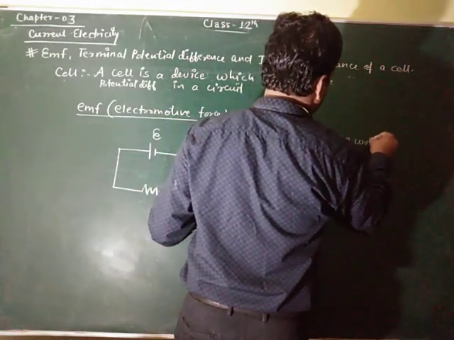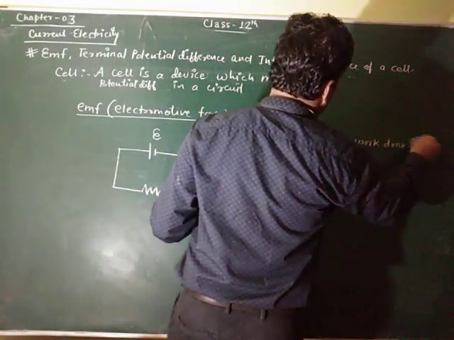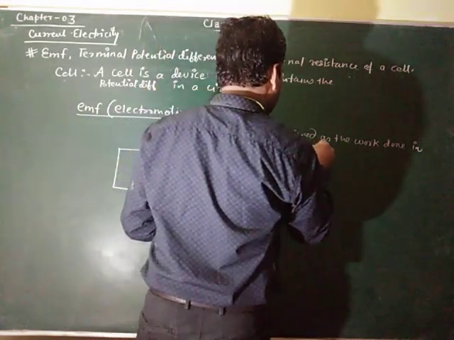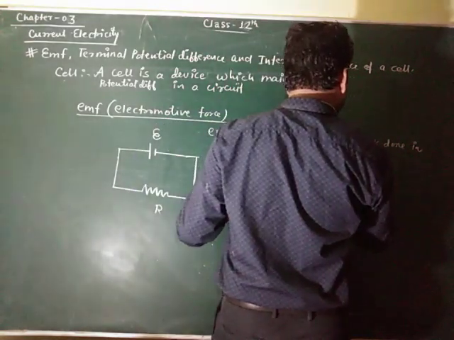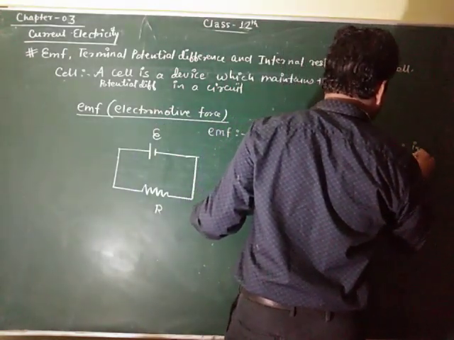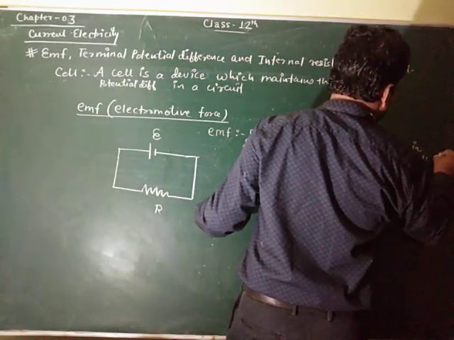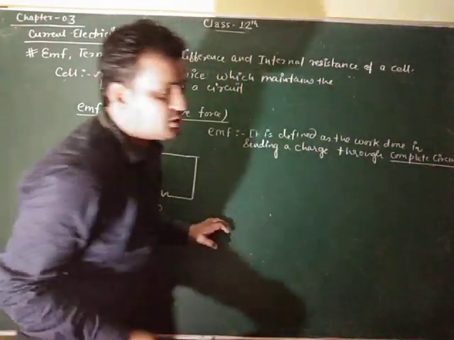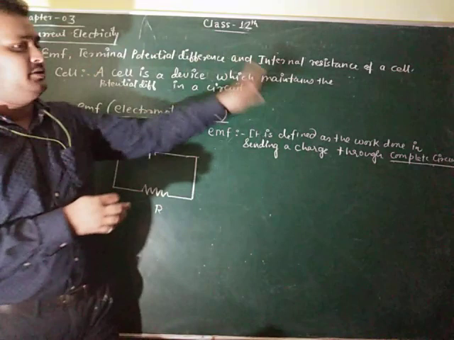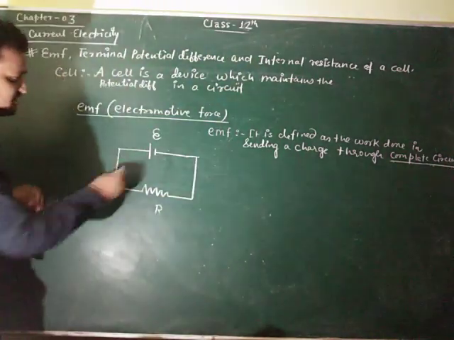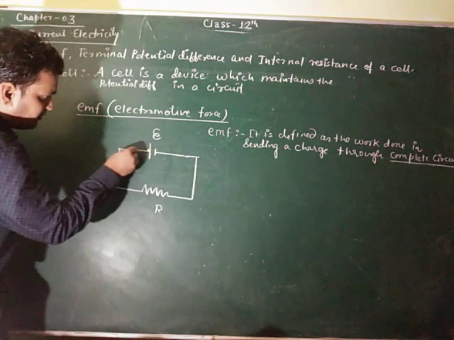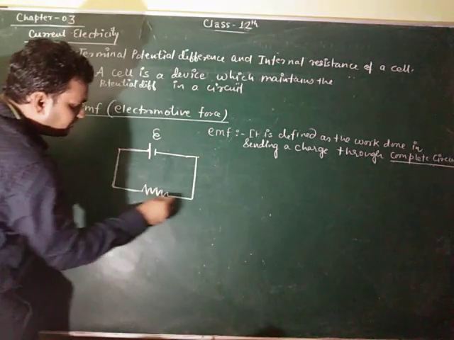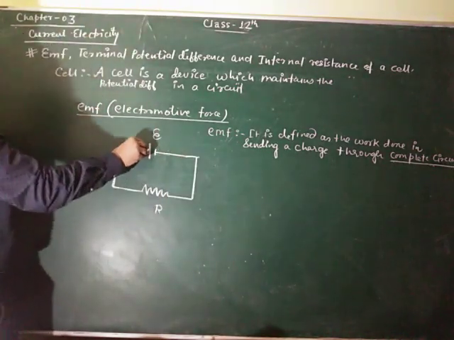the work done in sending a charge through the complete circuit. Please consider, I have written the complete circuit, which will distinguish between the EMF and terminal potential difference. Complete circuit means if a charge starts from this positive terminal, it will again reach the same point.